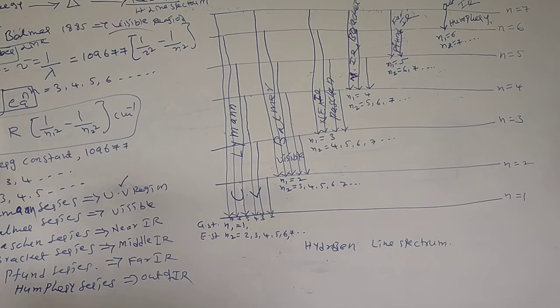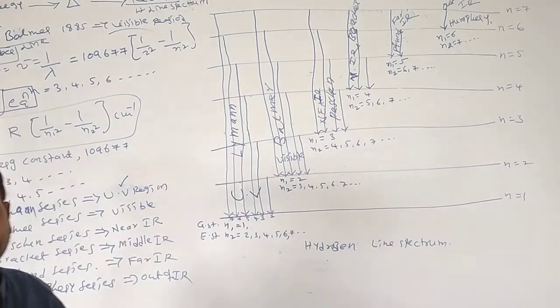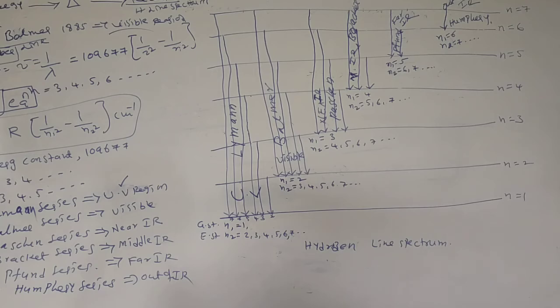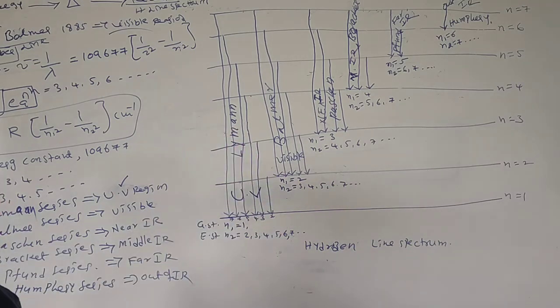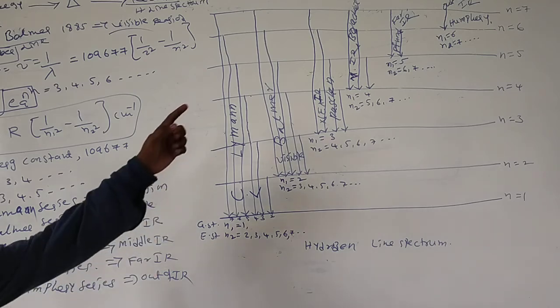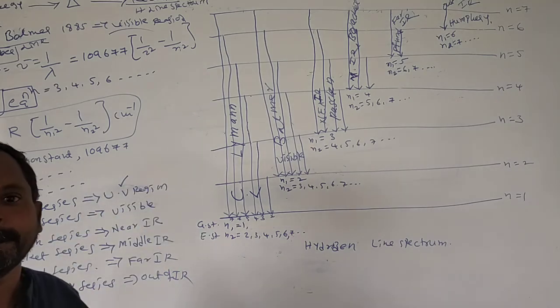Rydberg also proposed this line spectrum, Balmer line spectrum and Rydberg line spectrum of the hydrogen atom. Six series of lines are observed when we pass the emitted energy through a prism.